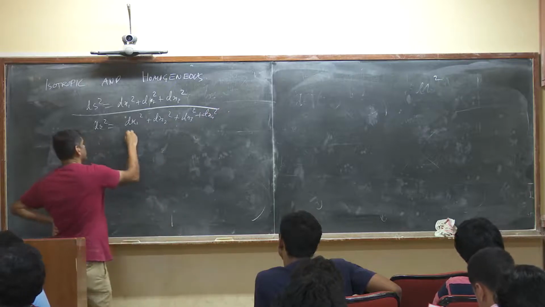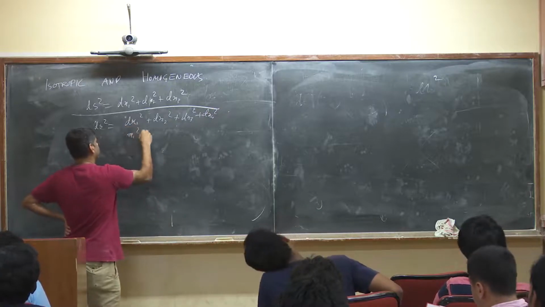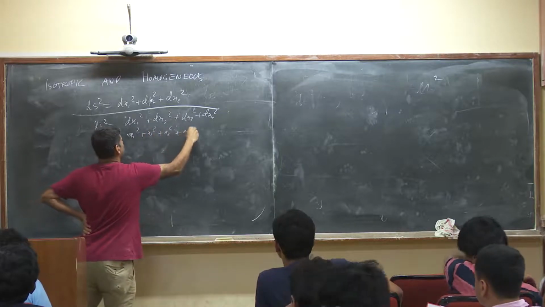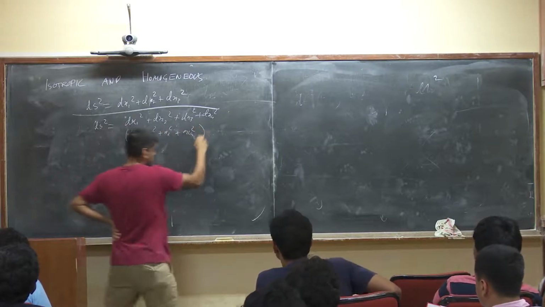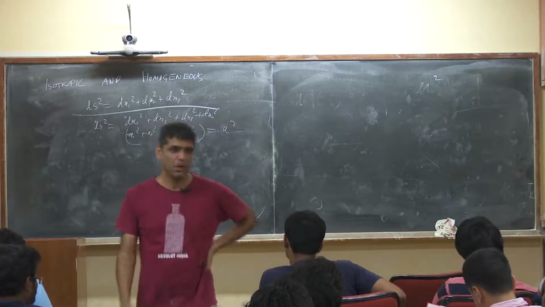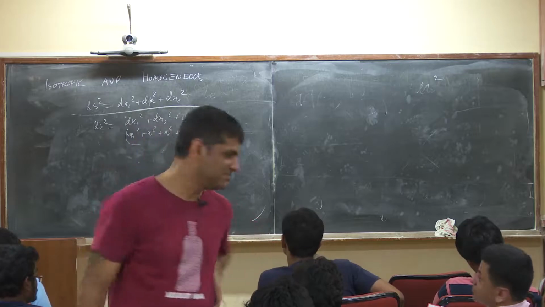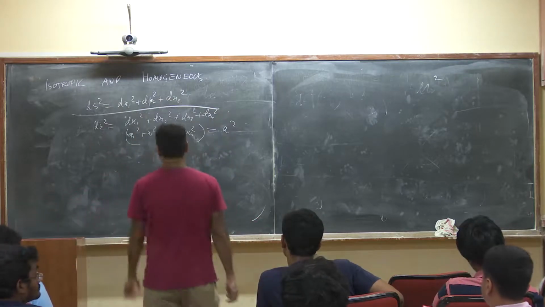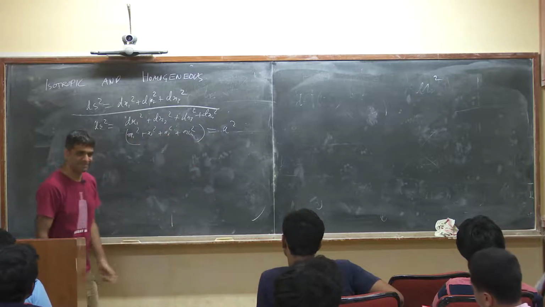And consider the locus of points x1 squared plus x2 squared plus x3 squared plus x4 squared equals a squared. What is this space? It's a 3-sphere. It's a 3-sphere of radius a.